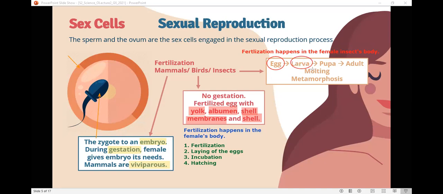The larva is the active stage. Why? Why do we say that the larval stage is the active stage?